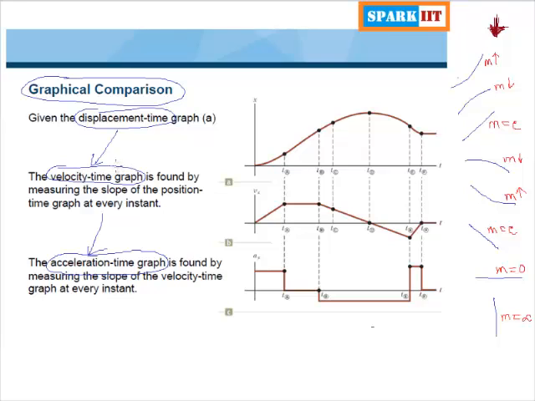From the displacement time graph you get the velocity time graph, as velocity is the slope of the position time graph. The instantaneous velocity is the slope of the position time graph, so you have to measure the slope at every instant. The acceleration time graph is similarly done by measuring the slope of the velocity time graph at every instant.